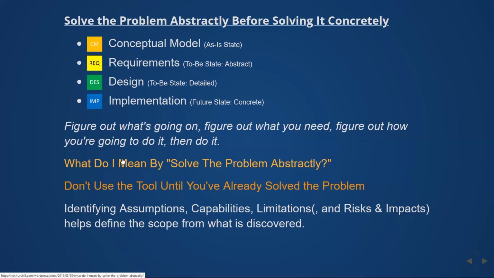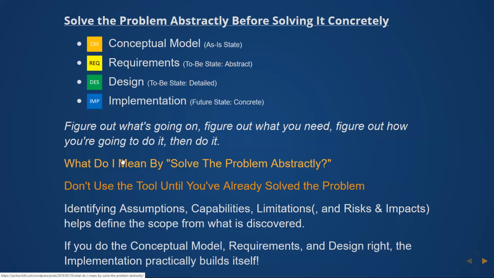You'll do only what's needed to develop the solution the customer needs. And if you do all the beginning stages right, the implementation should be a piece of cake. Practically builds itself.